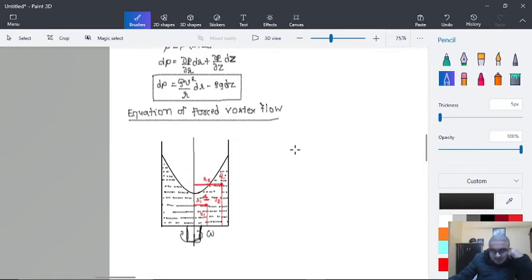Before that, let's recall that we are having V is equal to r omega. So we can write down this equation. dP is equal to rho r square omega square divided by r dr minus rho g dz.